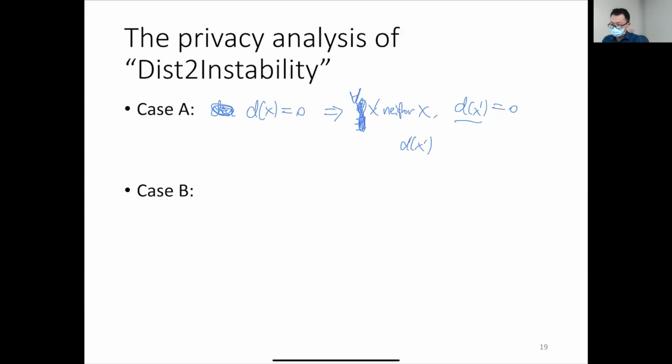So for d of x prime, by definition, this is saying that this is the minimum distance of x prime to x double prime such that f of x double prime and f of x prime are different.